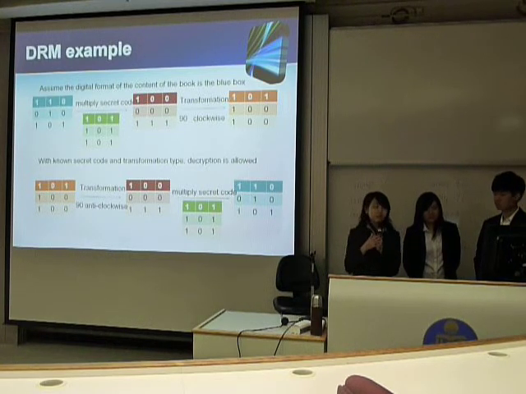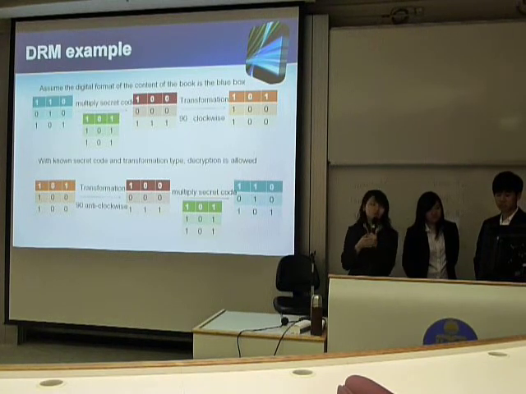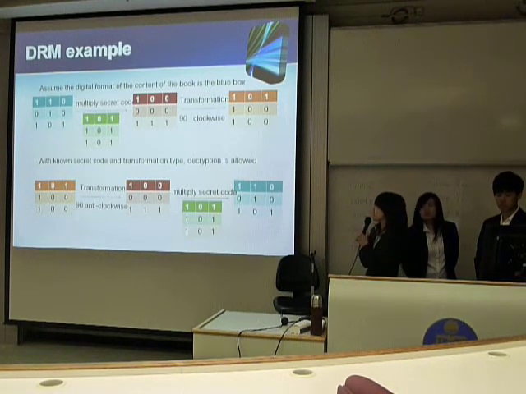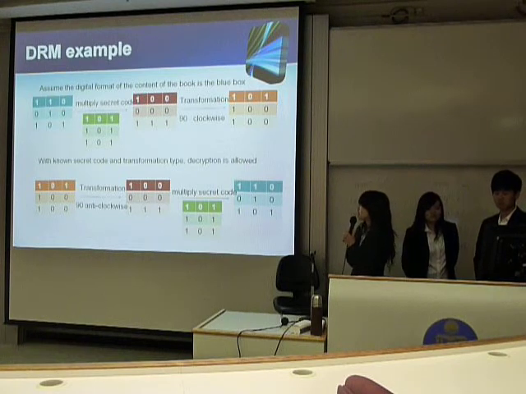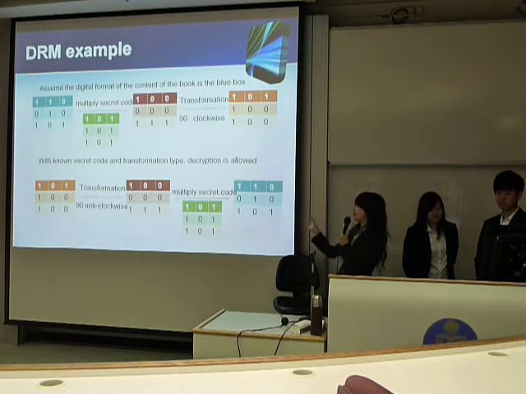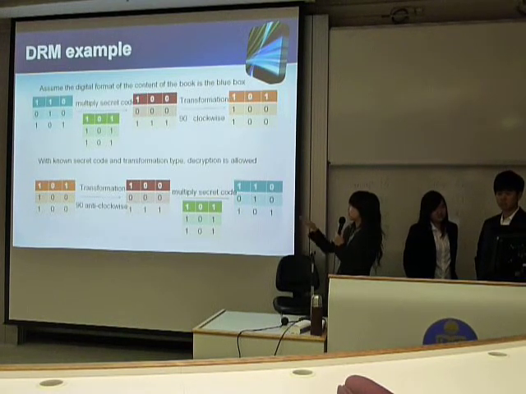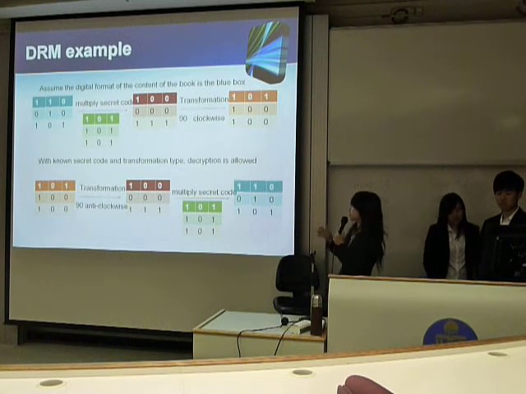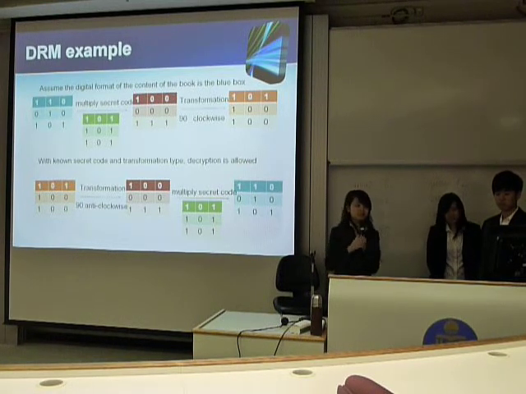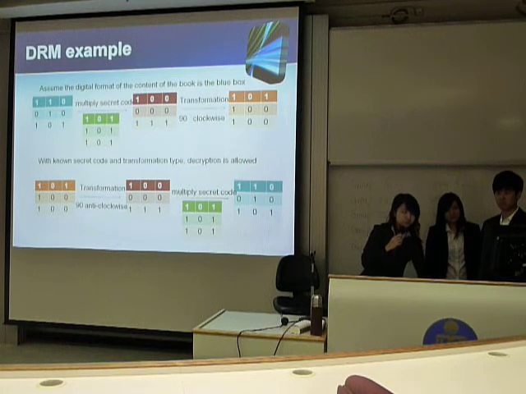And if my friend has their secret code and they know the transformation type, decryption is allowed. They can simply rotate back 90 degrees anti-clockwise and then multiply by the secret code again, and then they can get the message that I want to send to them.